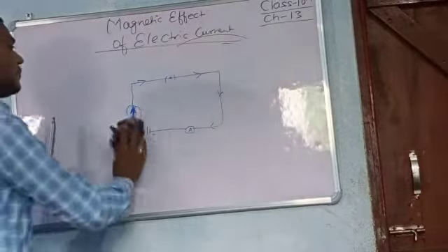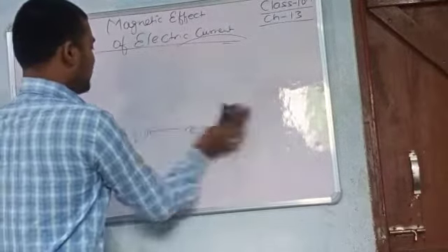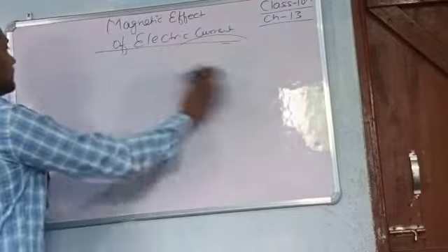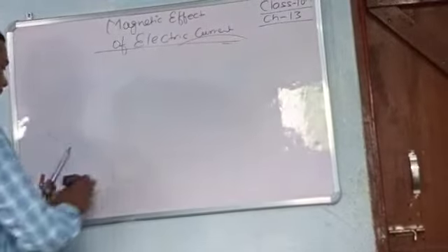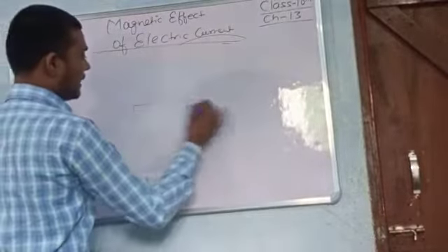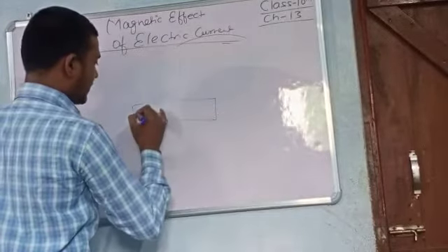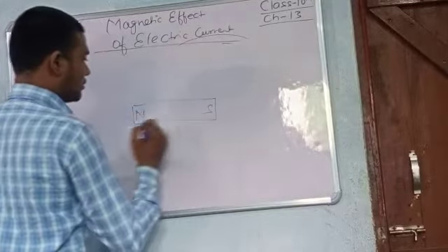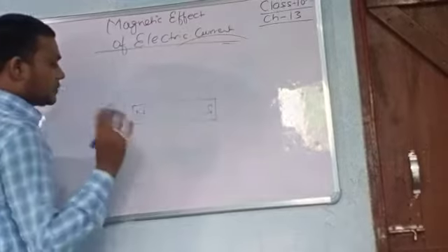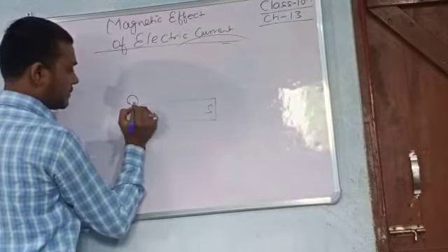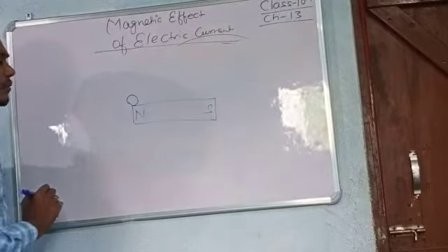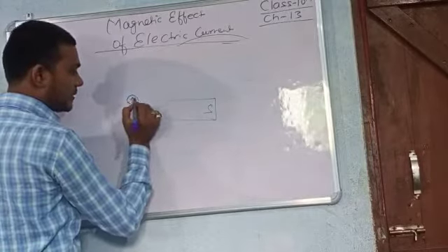In this way we can also make the field lines. How? If we take a bar magnet with a north pole and a south pole and place a compass there, the needle of the compass is deflected in this way.